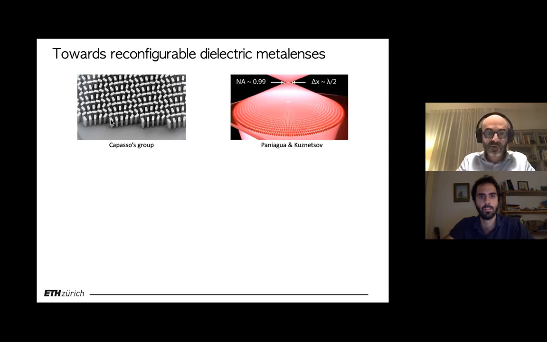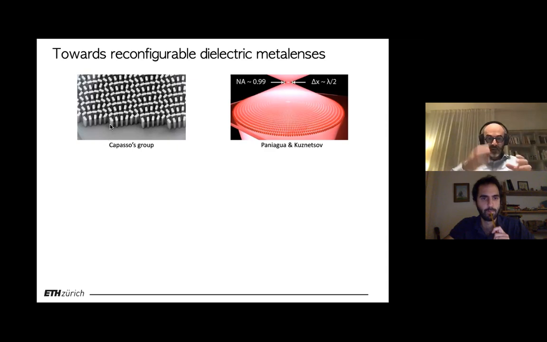This is done at the subwavelength scale. What you're going to do is take your region of interest and pixelize it with some tiny resonators like these. Each of the resonators will engineer the phase of the light that goes through the metalens, okay?